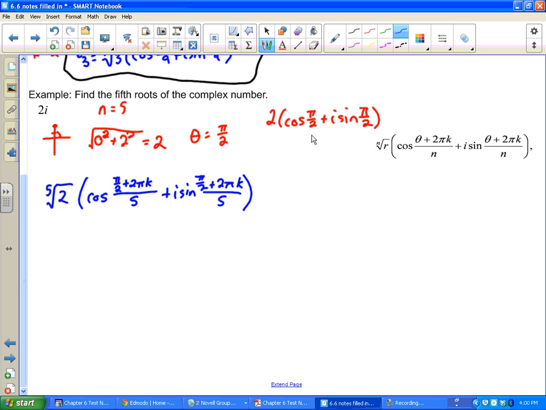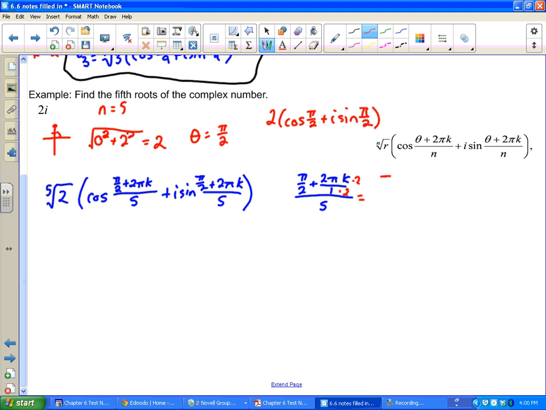So again, our first thing we want to do is simplify pi over 2 plus 2 pi k over 5, because if we simplify it once, then we don't have to keep doing it for our 5 answers. Okay, so I want common denominators, so I need to multiply the top and the bottom on this one by 2.